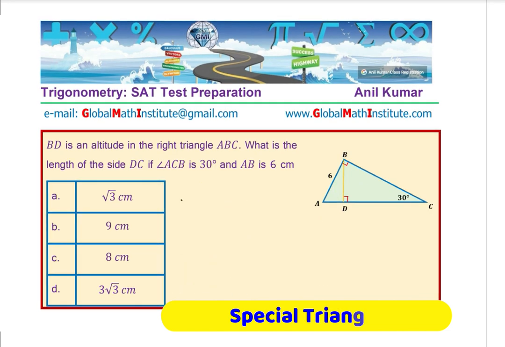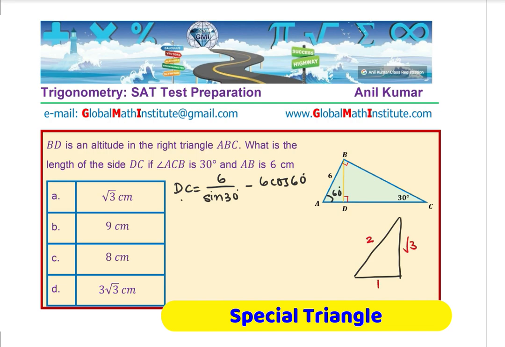Let's write it down. Our answer DC is 6 divided by sine of 30. It has to be a big number, right? And this is a small number, 6 times cos of 60 degrees, correct? Now, once again, draw your special triangle. A special triangle is needed, even otherwise. The ratios are 2, 1, square root 3, for the sides opposite 60 degrees and 30 degrees.